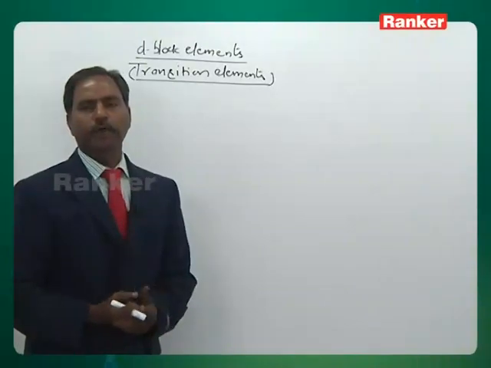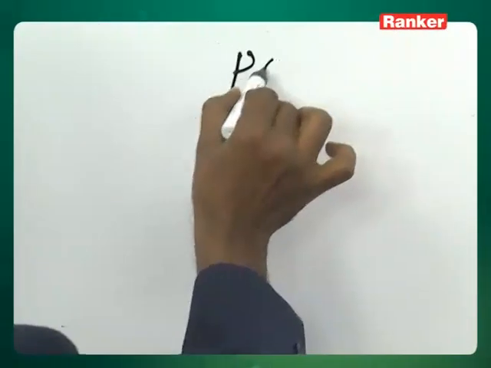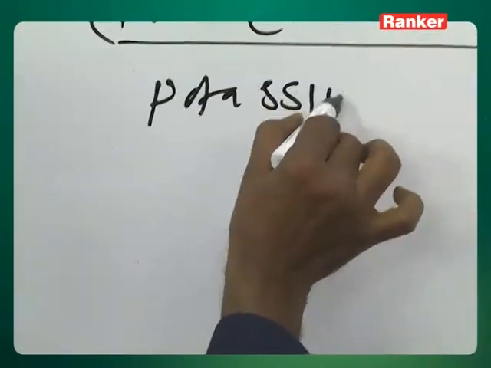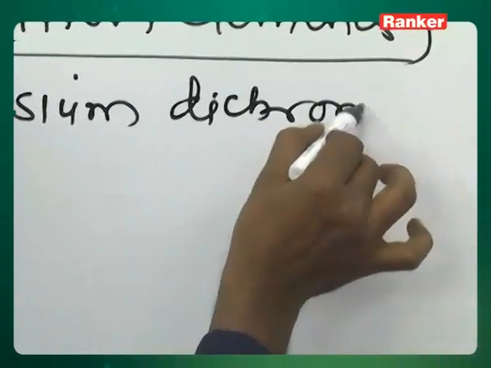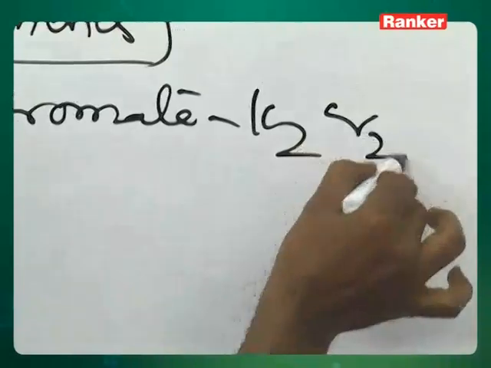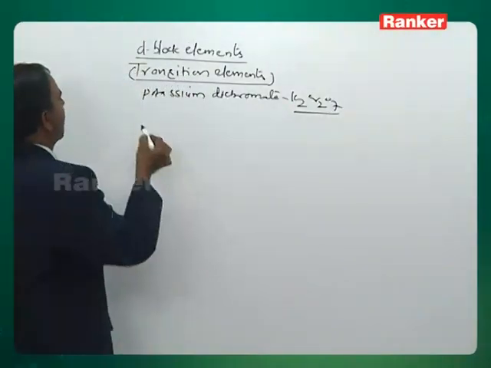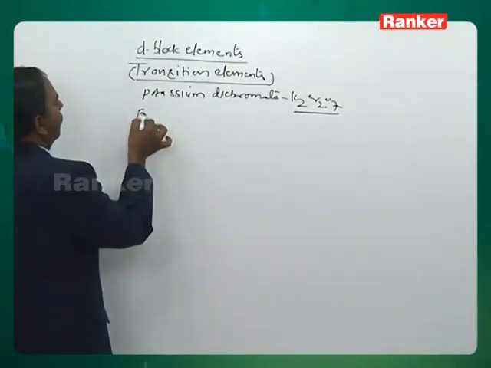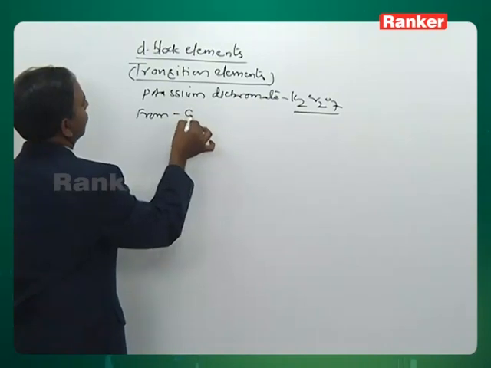Now let us see the preparation of potassium dichromate, K2Cr2O7. Potassium dichromate is generally prepared from chromite ore.